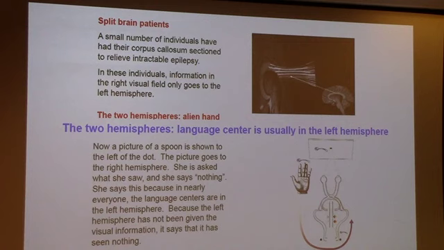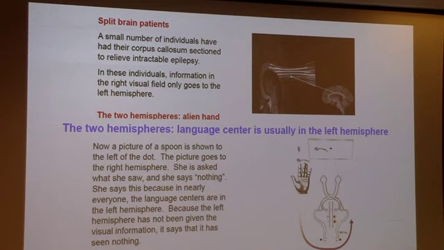The other thing is the language center, which we know is mainly in the left hemisphere for a right-handed person. Because of this damage in the corpus callosum, this separation between the two hemispheres, if I only show the patient a stimulus in the left visual field here, the information of this stimulus will generate a response in his right hemisphere, but because of this separation, the left hemisphere doesn't know that we have the stimulus, and the language center cannot get this information.